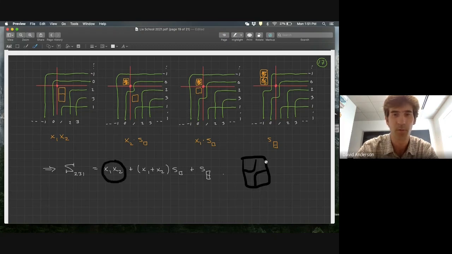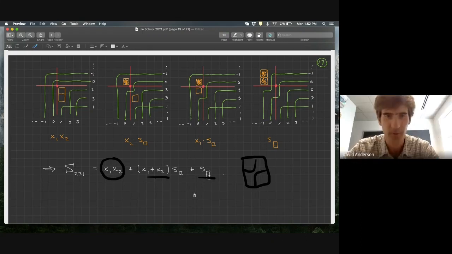So if you do pipe dreams, you'll get that. But the bumpless ones will give you the extra stuff too, in a good way. Got it. It's very beautiful combinatorics that they developed.